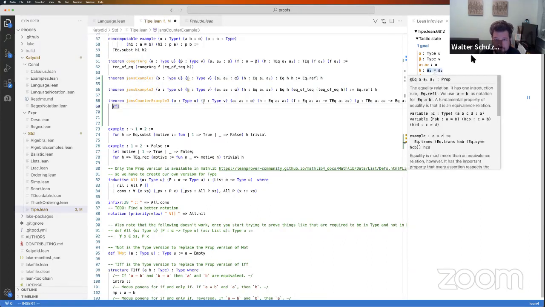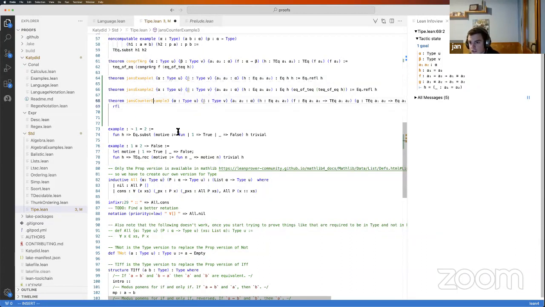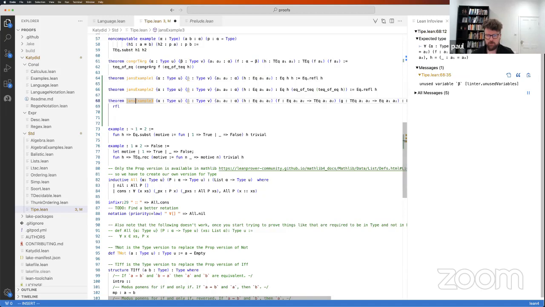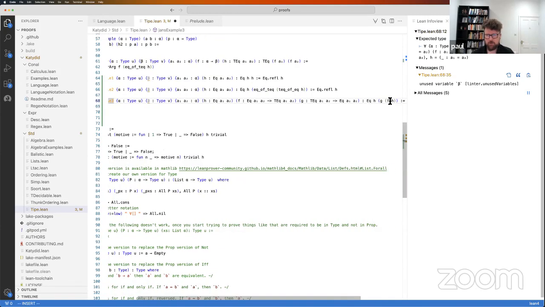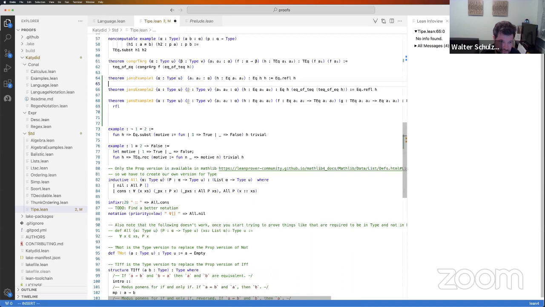Oh, maybe that isn't... What's going on here? Okay, can you add a new line so we can read the whole signature? Sure. You can delete all the betas, or those three, please.